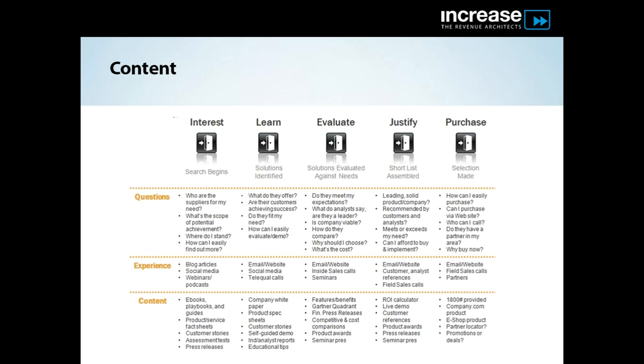But usually we're more thin on the interest and learn phase, where we have to address people's interests without talking too much about products. So we have to do this kind of content mapping to see which kind of content we should use for each persona, for each stage of the buyer's journey. And when that is set, we're actually ready to build the nurturing flows.